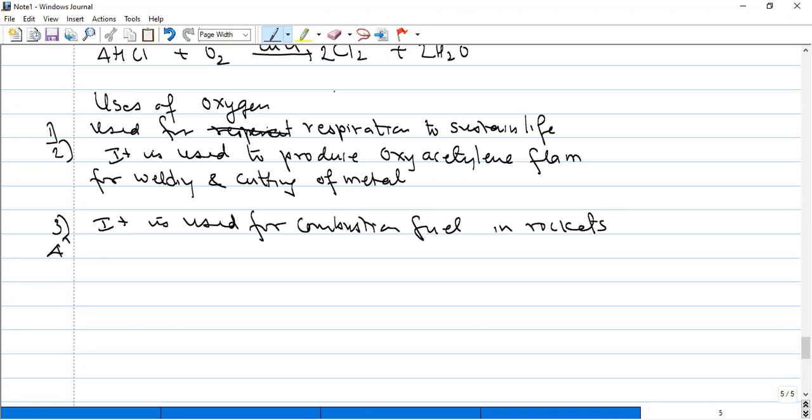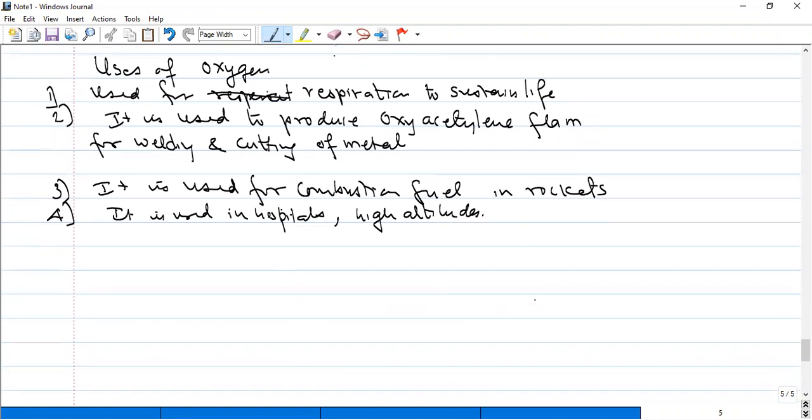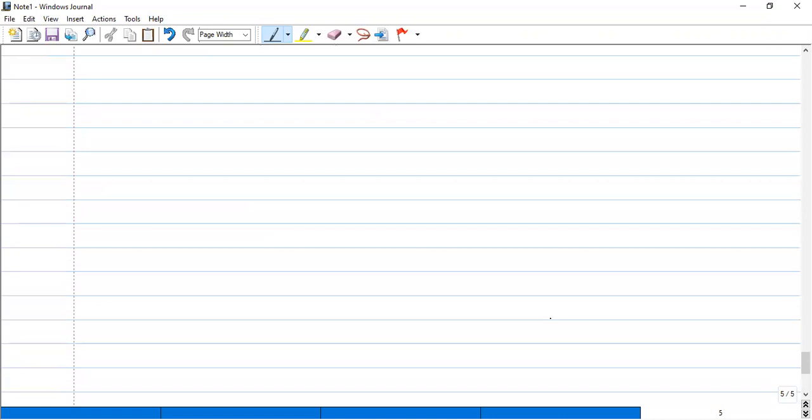Fourth, it is used in hospital, and at high altitude by mountaineers. Okay. So these were the uses of oxygen.